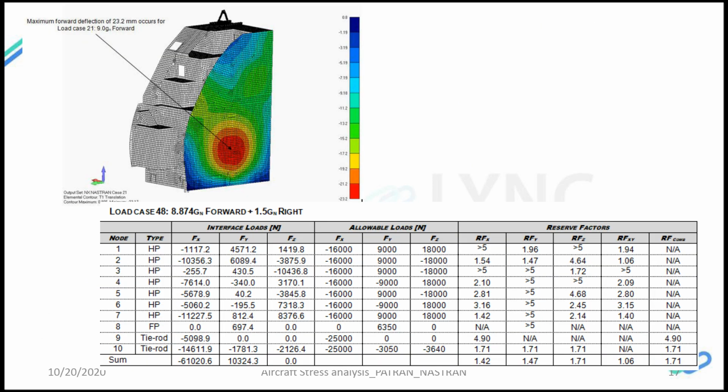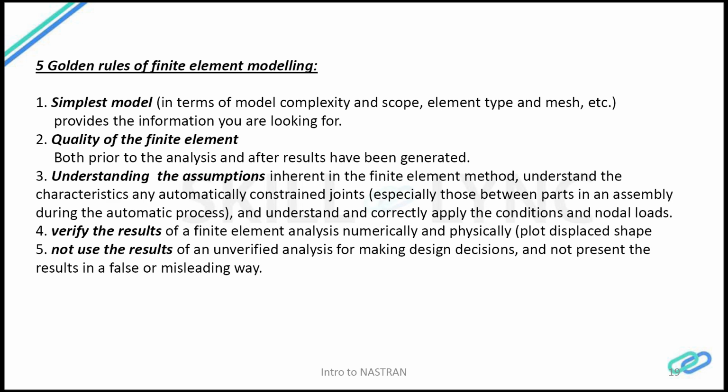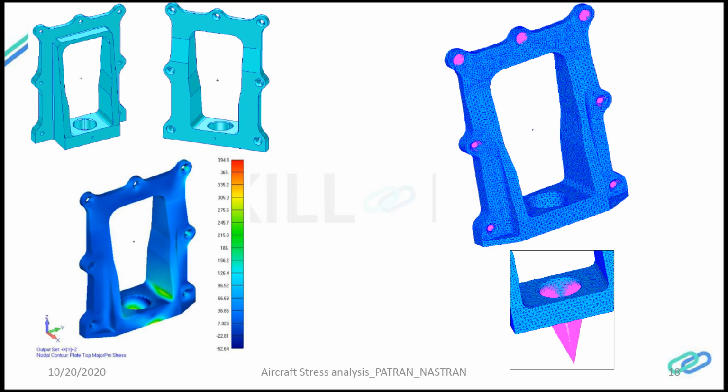Whatever loads were extracted at the attachments from the global model are applied to the local model, and at these points the master node is constrained in all 6 degrees of freedom. Then I ran the model, and you can see the stress distribution, which is the principal stress distribution within the fitting.